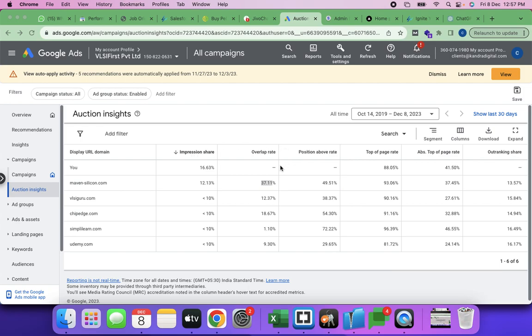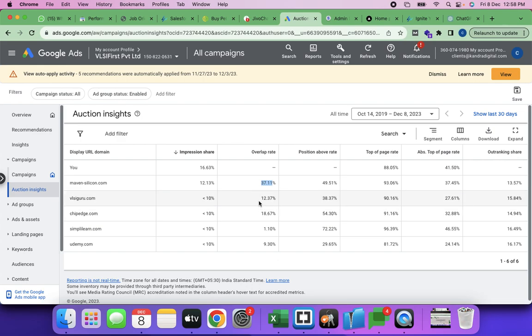Okay, so you have shown up 100 times, but whenever you have shown an ad, Mammoth Silicon also has shown its ad, and that overlap rate is 37.11 percent. When it comes to other players, the overlap rate is very less.